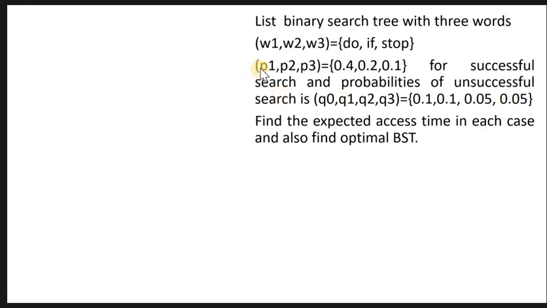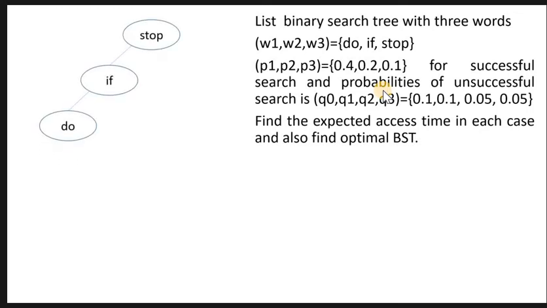So Q0 means before the do, Q1 is between do and if, Q2 is between if and stop, and Q3 is after stop. So you are searching for a word which is not present in the binary search tree, so that is the unsuccessful search or a failure. So find the expected access time in each case and also find the optimal best.